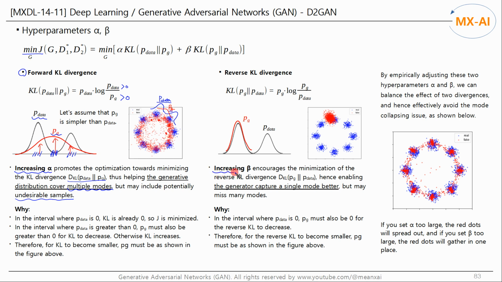In contrast, increasing beta encourages the minimization of the reverse KL divergence, hence enabling the generator to capture a single mode better, but may miss many modes. In the interval where Pdata is 0, PG must also be 0 for the reverse KL to decrease.